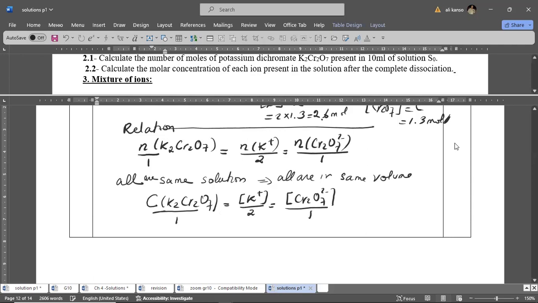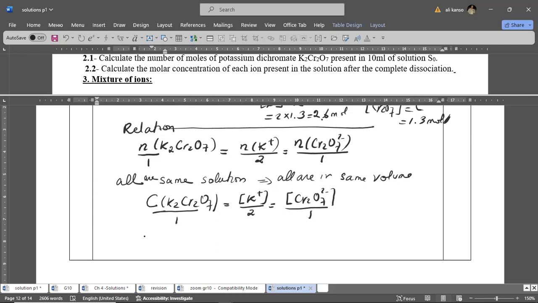We transform directly by saying these words: all are in the same solution, all are in the same volume, so we can transform moles into concentration. Instead of these words, we can say divide by the same V, V over V, and we get concentration because N over V is concentration.